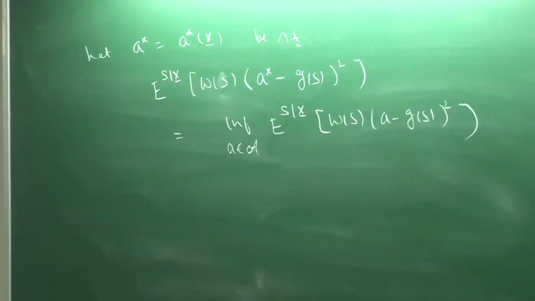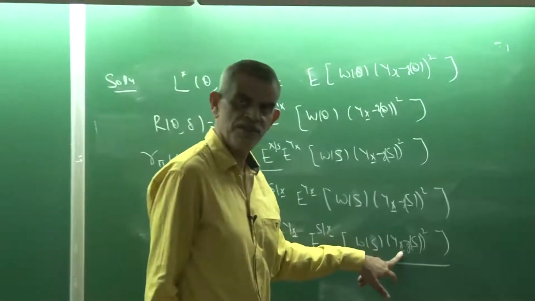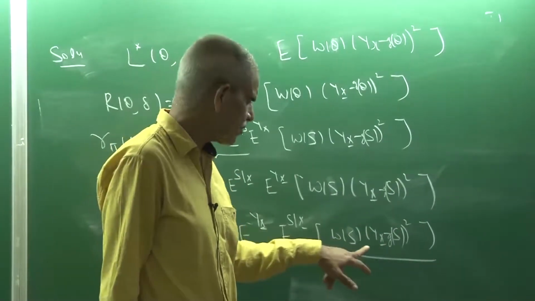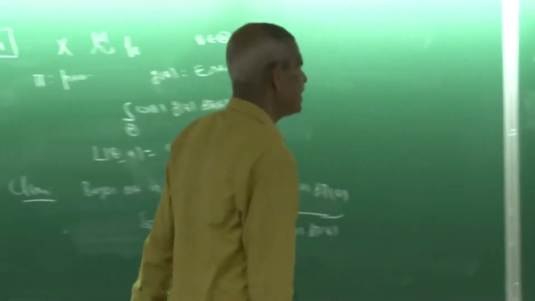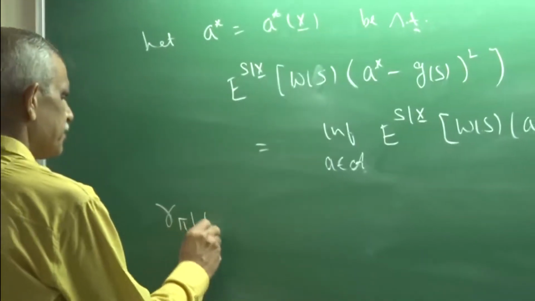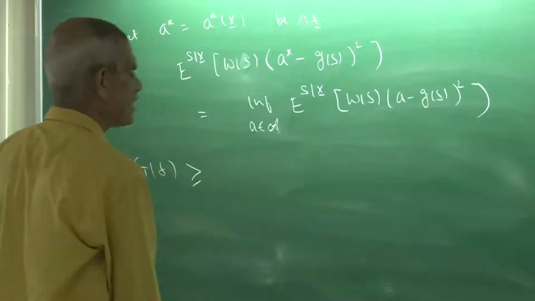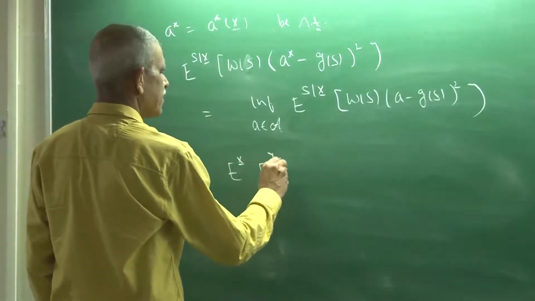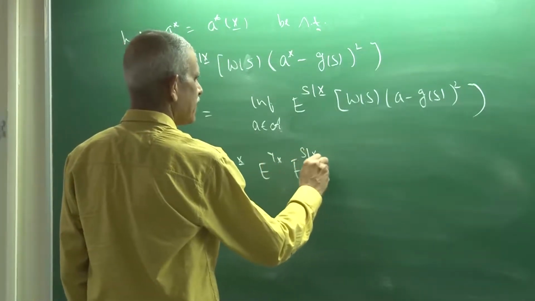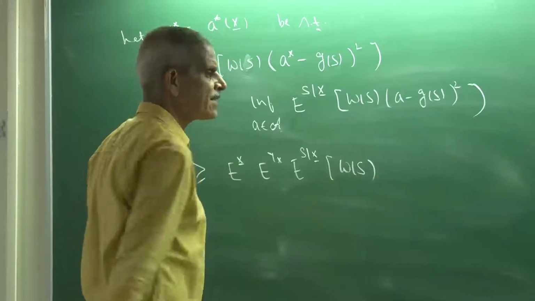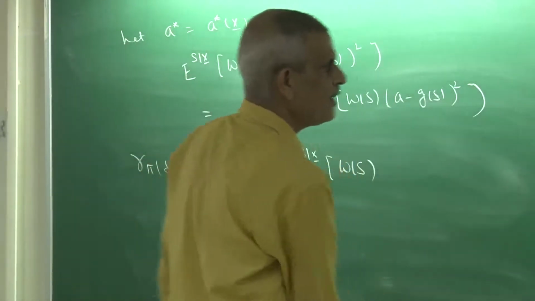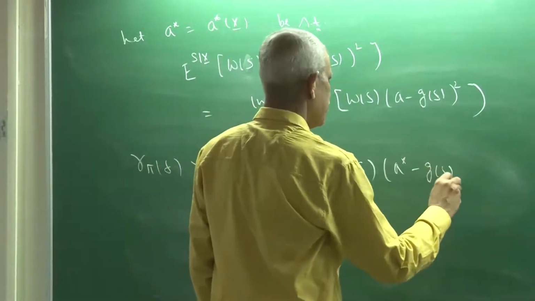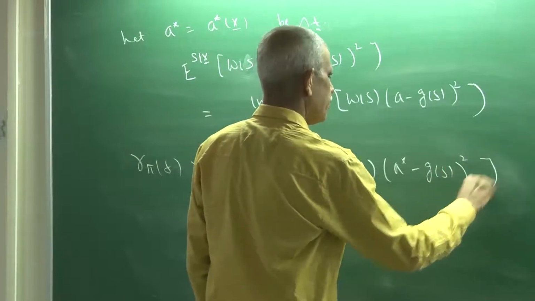So what does that mean? That means this quantity yx, with yx over here, is minimized at a star x. So that means this quantity would always be greater than or equal to E of yx, E of s given x of ws into a star minus gs whole square.